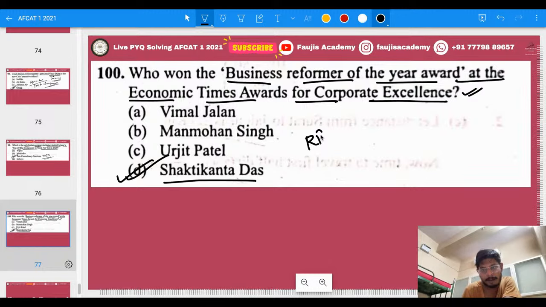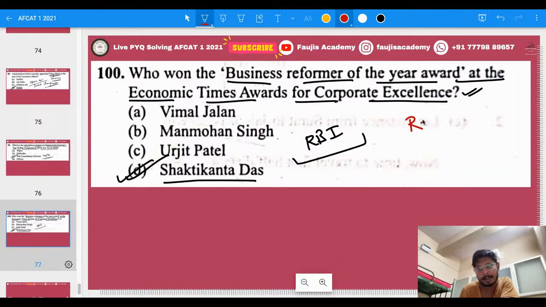He brought in so many reforms which helped in the ease of doing business ranking, and that is why he was awarded the Economic Times Award for Corporate Excellence. He created policies which ensured that doing business becomes easy, or otherwise there will be a lot of red tapeism.